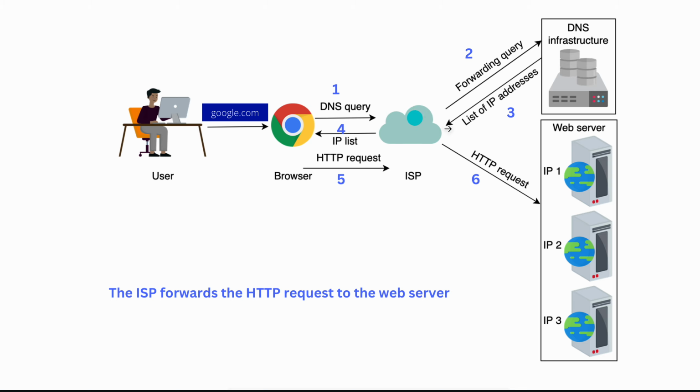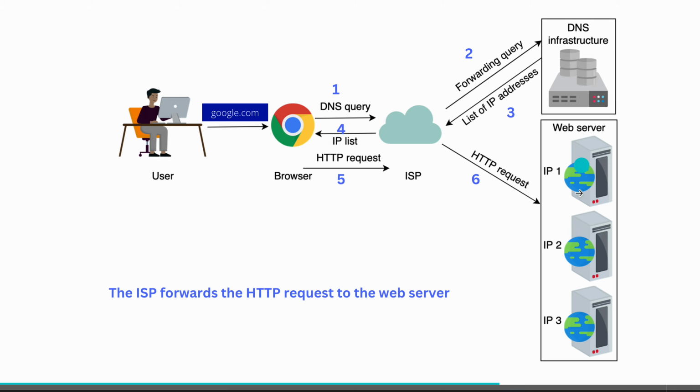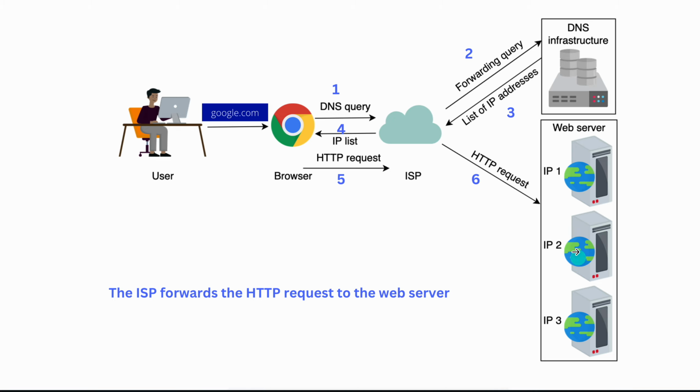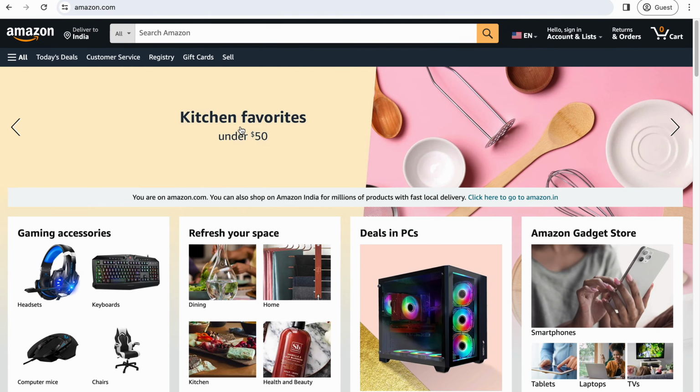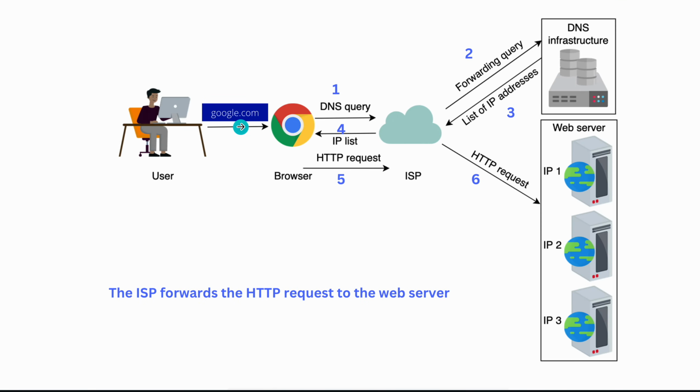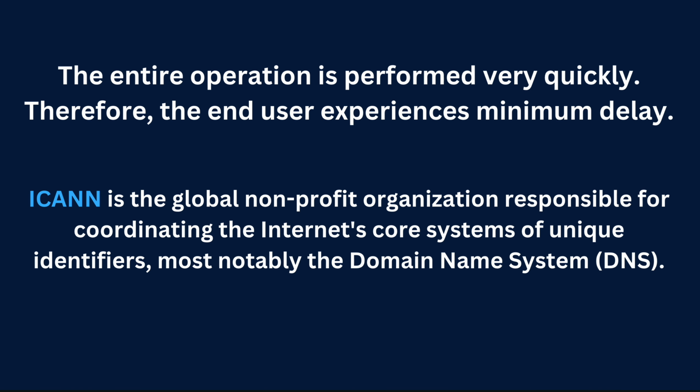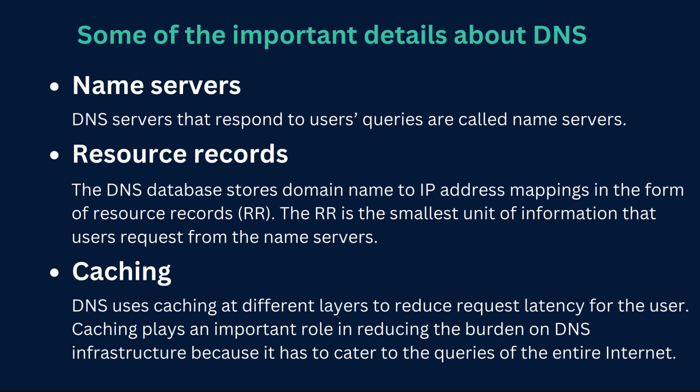The ISP has the mapping table and it gives the IP address back to your browser, and then you send the request through your ISP to the Amazon server, right? And then it returns the data to your browser. It's happening so fast that you are not experiencing any delay. Clear? Any question?